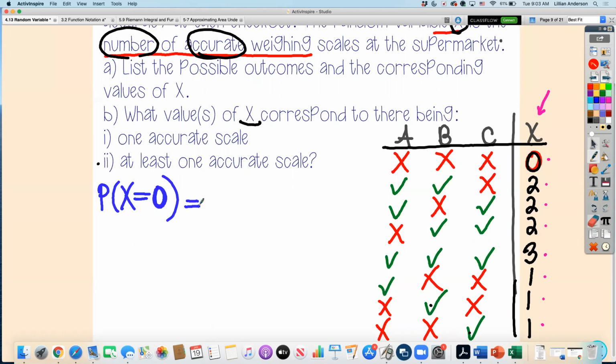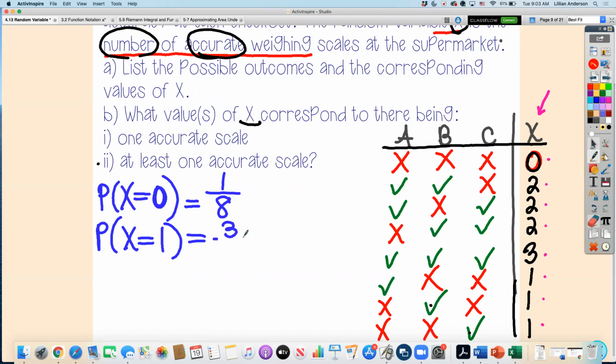Essentially what you do is you look at the number of times that 0 shows up, which is 1 time out of how many? Out of 8. So the probability that this government official is going to come in and find out that all the scales are not accurate is a 1 out of 8 chance. The probability that exactly one of them works, how many times does 1 show up?